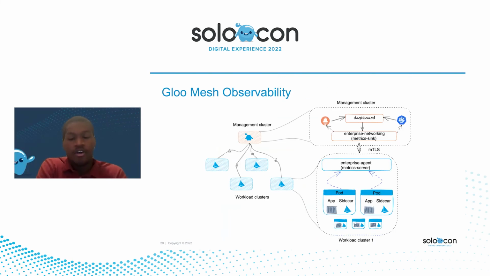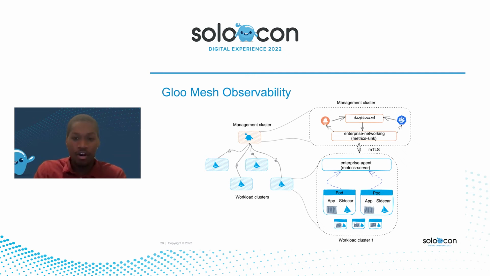Thanks. So here you can see a very similar graph to what we were looking at earlier. At the bottom, we have our many workload clusters. And in terms of observability, within each of our workload clusters, we already mentioned that we have an agent deployed. Part of that agent's responsibilities is to serve as a metric server.